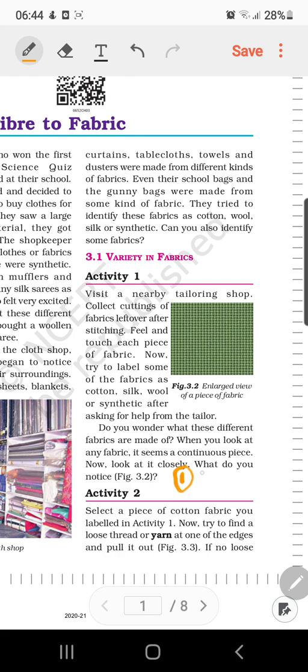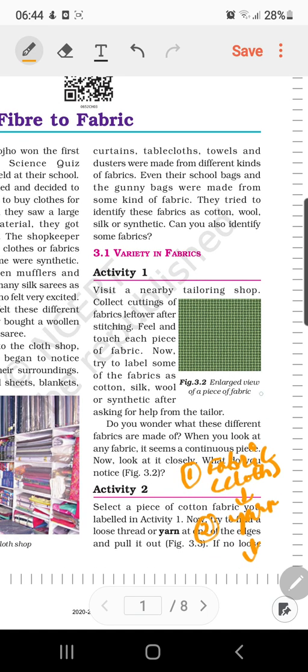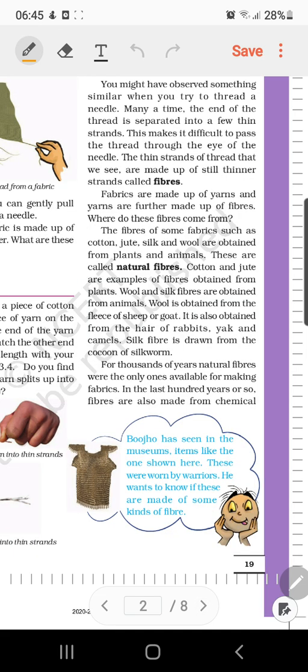The first one is fabric, which is basically the cloth. Then the second one is the yarn, and the third one, I'm writing here, is the fiber. So let's perform this activity.